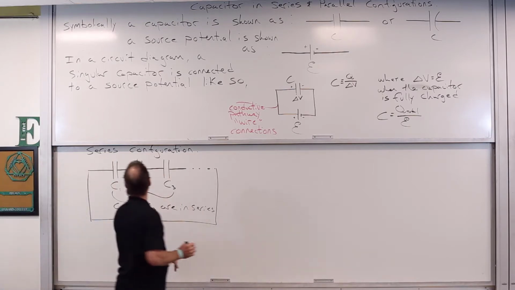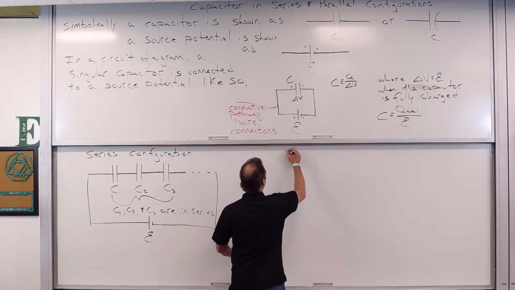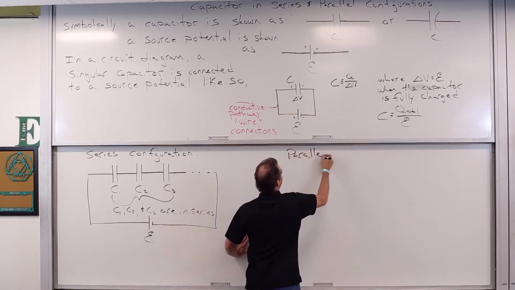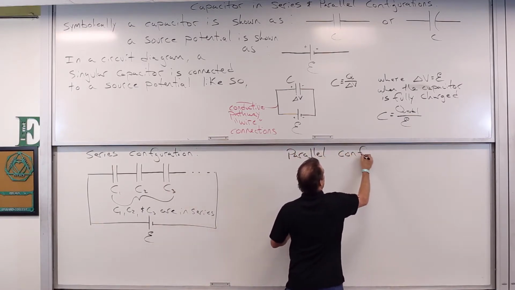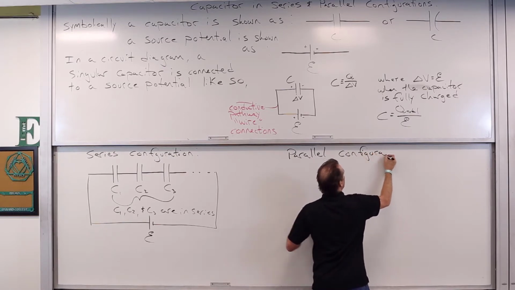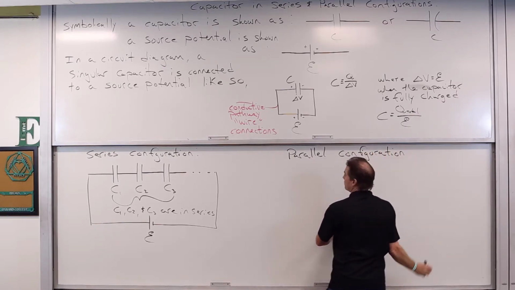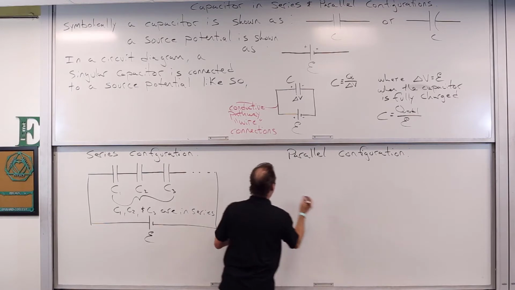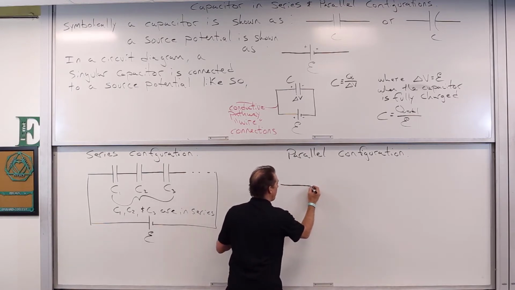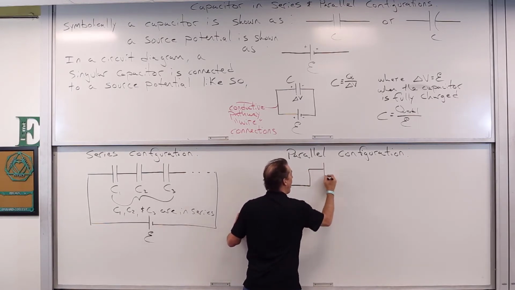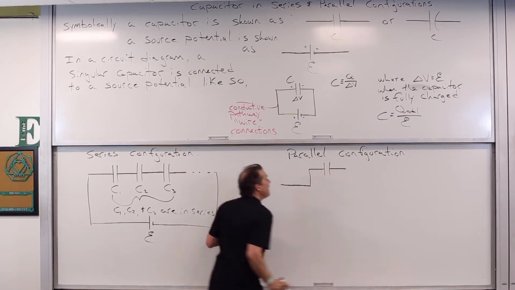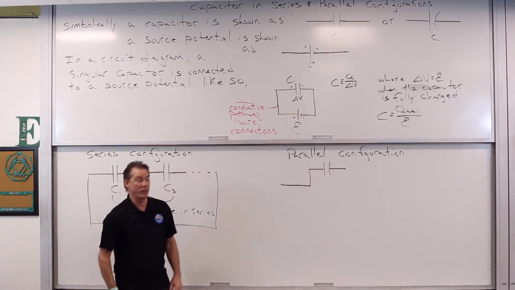But we can also have what is known as parallel configuration. And for parallel configuration, what we have is that they lie along different branches.